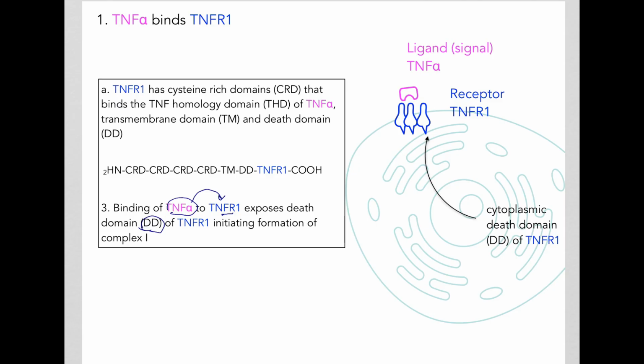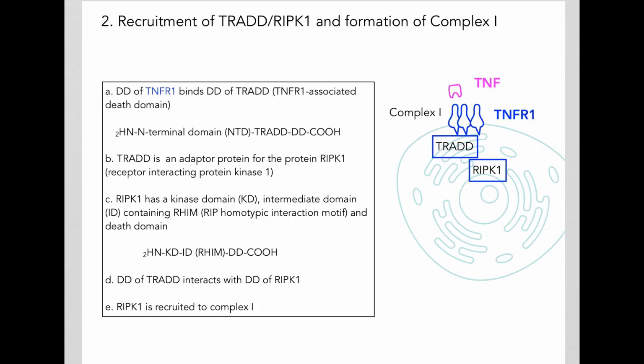And once this DD domain of TNFR1 is exposed, now it will initiate the formation of what we call complex 1. Now, the death domain of the receptor will now bind the death domain of a protein called TRADD, which stands for TNFR1-associated death domain.